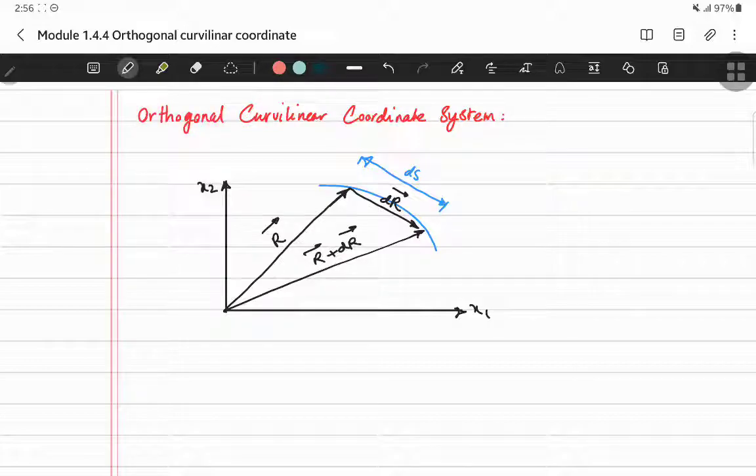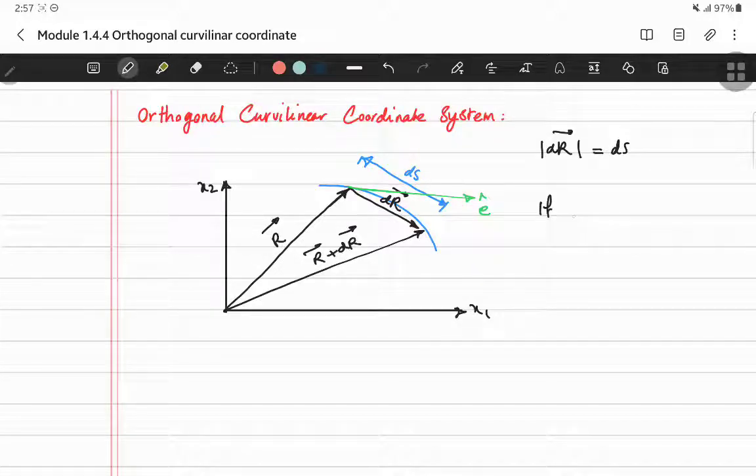So if we talk in the limit, when ds goes to 0, so ds becomes very, very small, basically the dimension of dr is equal to ds. Then we have this tangent line, a unit vector like this, e.